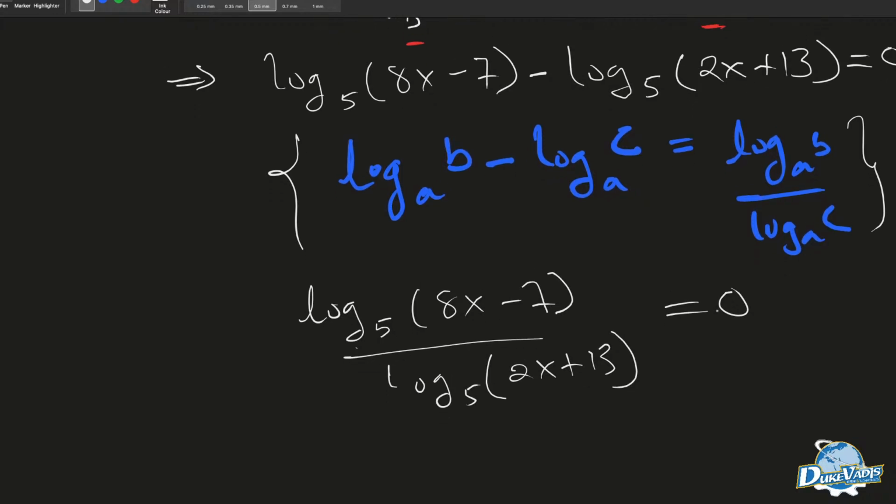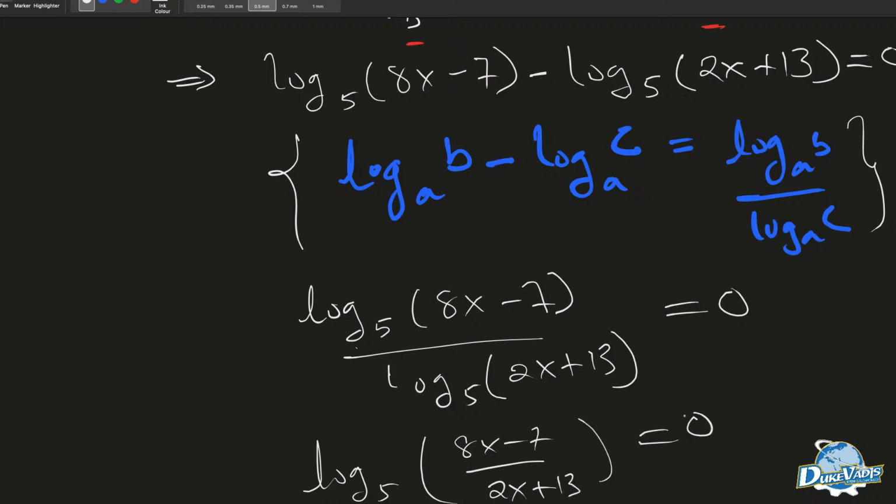Then this can be simplified as log to the base 5 into bracket 8x minus 7 all over 2x plus 13 is equal to 0.